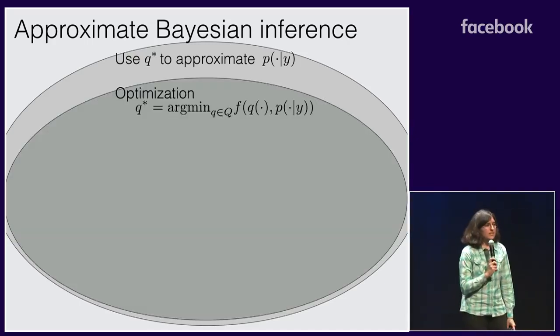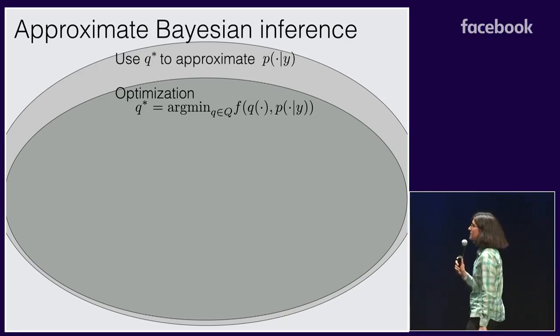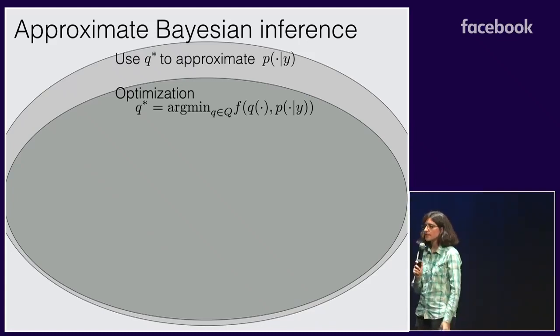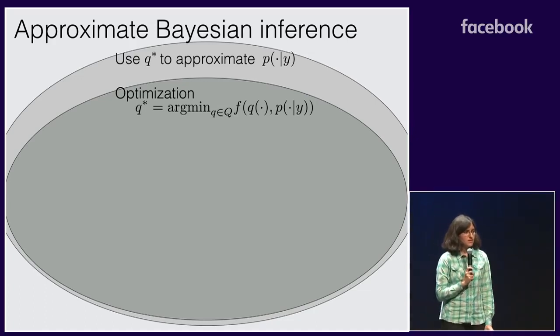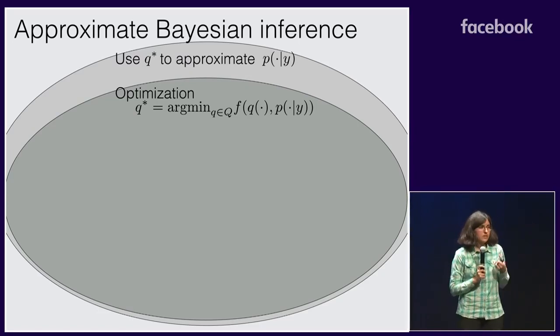The next choice that we made was to take a certain style of optimization approach. We said, the way that we're going to find this Q star that approximates our exact posterior is we're going to minimize some notion of divergence over nice distributions. At this point, we haven't said exactly what those are, but it's still a choice. We could have done Markov chain Monte Carlo, which doesn't fit into this framework.